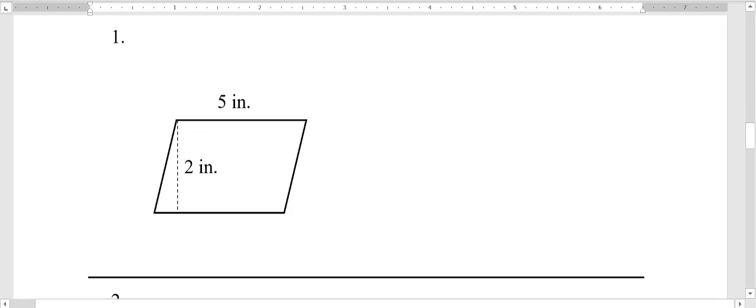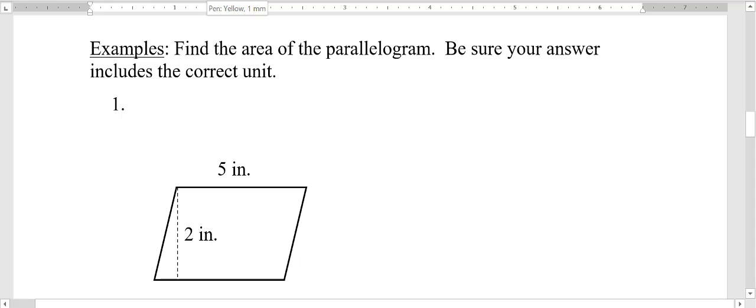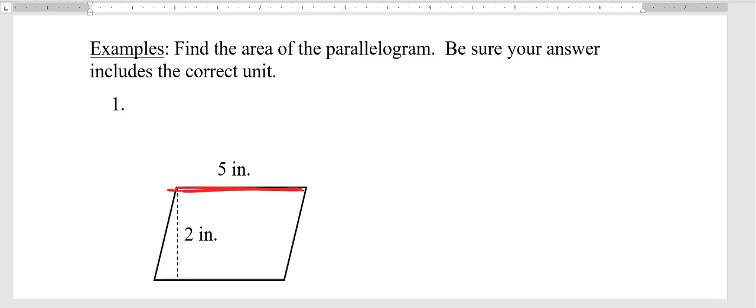All right, let's do some examples. Find the area of the parallelogram and be sure your answer includes the correct unit. Okay, number 1, my base is 5 inches and my height is 2 inches. So the area of my parallelogram, remember that the formula says base times height.